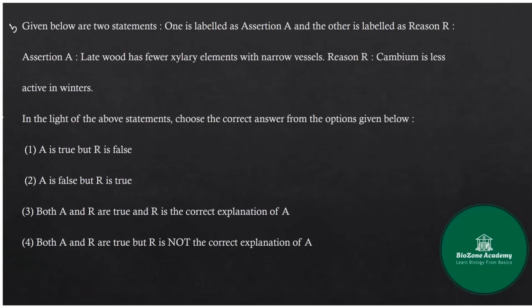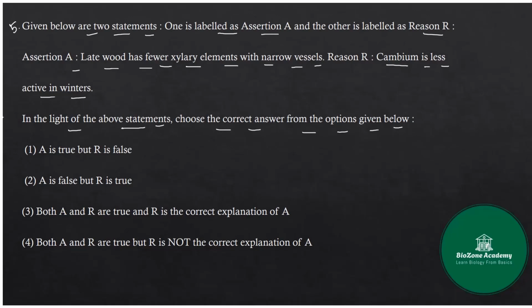Next question. Given below are two statements, one labeled as assertion and the other as reason. Assertion: late wood has fewer xylary elements with narrow vessels. Reason: cambium is less active in winters. In the light of the above statements, choose the correct answer from the options given below.